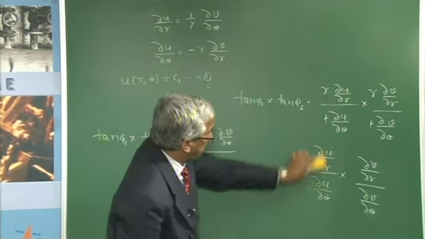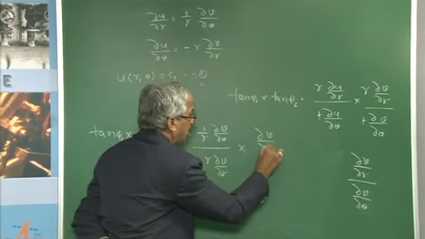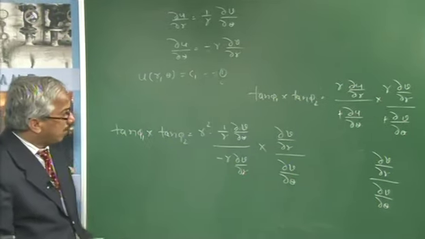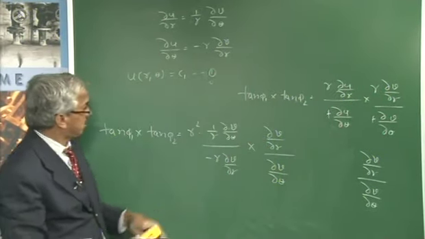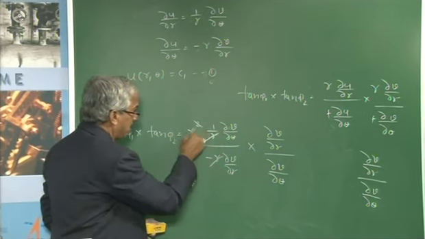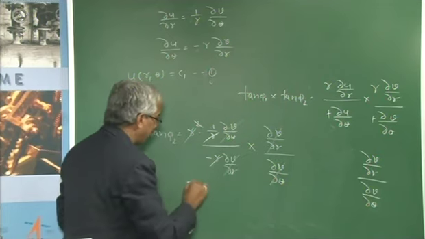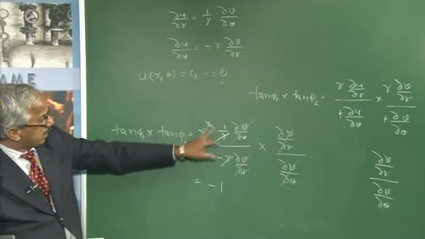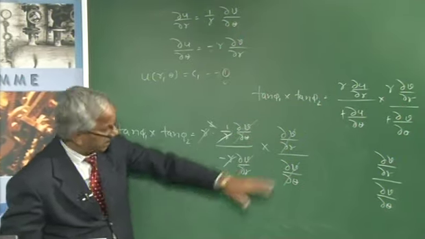So now I got this term, and the remaining term is ∂v/∂r divided by ∂v/∂θ. So now I use that CR equation, and this term is replaced to this, and this r square gets cancelled, then this r and r get cancelled, then ∂v/∂θ and ∂v/∂θ get cancelled, that is minus 1. Observe here r square, r get cancelled, then again it is 1 by r, and then ∂v/∂r and ∂v/∂θ cancel each other.